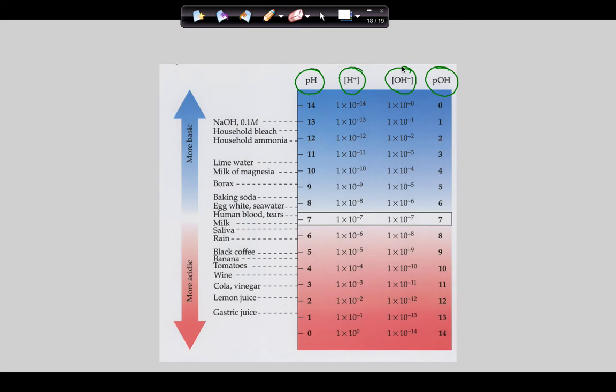You understand that these are related, right? I'm going to have to write really small to make this fit, but let's talk about all the relationships. How is pH related to hydrogen ion concentration? pH is equal to the negative log. Is that okay? I know it's small, but you know what I'm writing down.